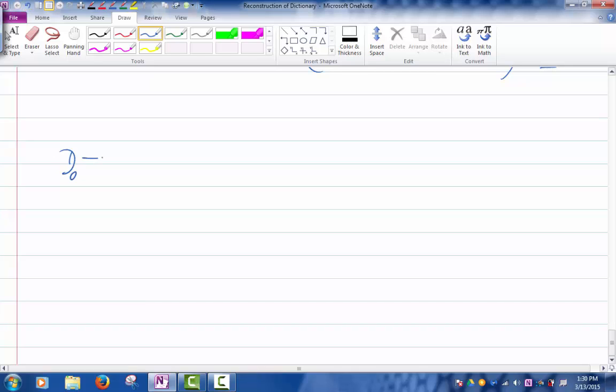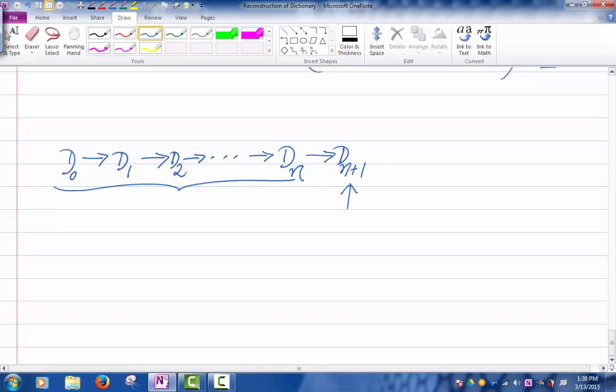Let's say D0, and then you get to D1, you get to D2, and then you keep going, and at some point you get some dictionary DN, and all these dictionaries are not feasible. And let's say at some point you get DN plus 1, and that's the first feasible dictionary.